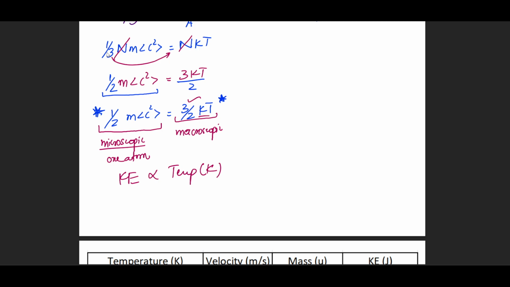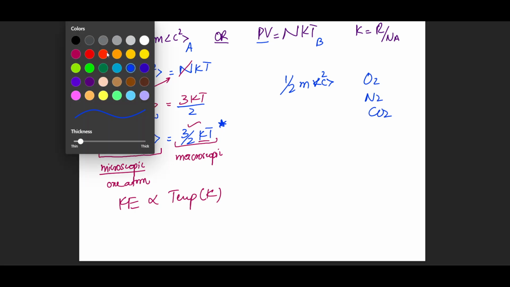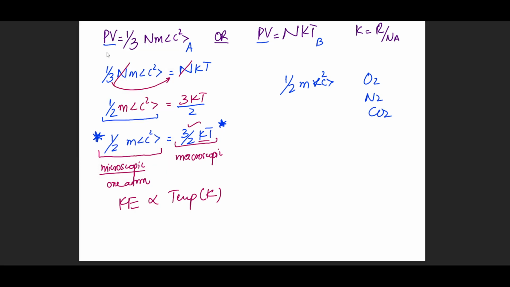So we are going to do that proof over here. Does that matter or not? Be advised that most definitely, if we look at this formula, half m c squared, right? If we try with different gases, oxygen, nitrogen, carbon dioxide, and all the other gases in the atmosphere, the answers will be different.